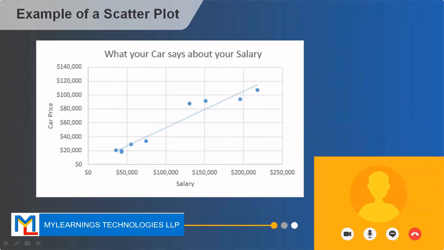So this is some kind of information that you could extract or conclude from the data just by looking at this scatter plot. A very simple plot, but it gives you a lot of information about the data that you are analyzing.